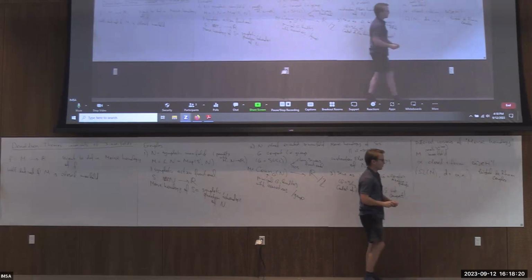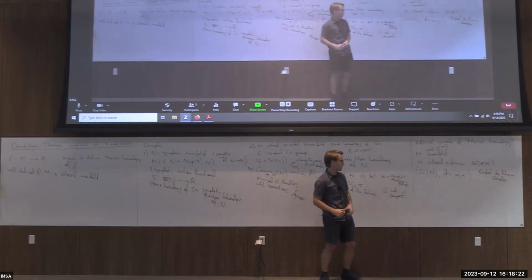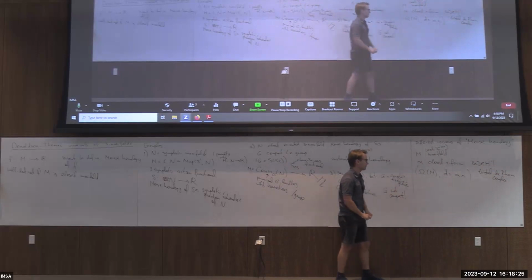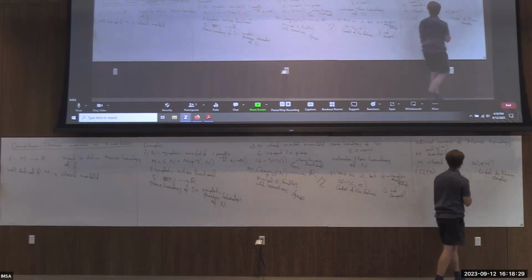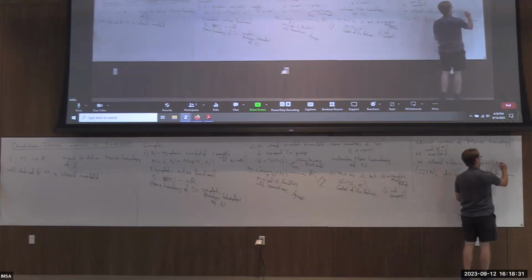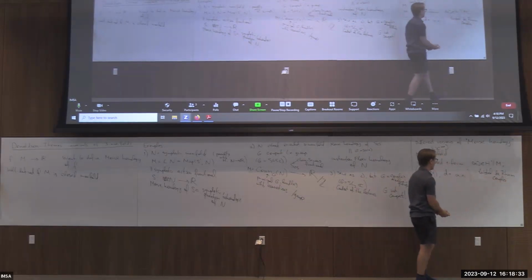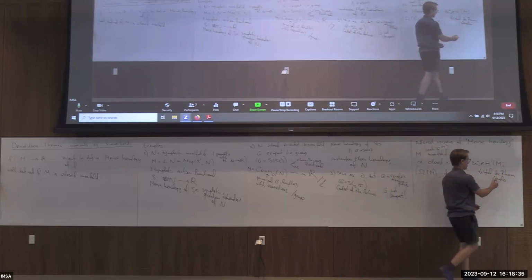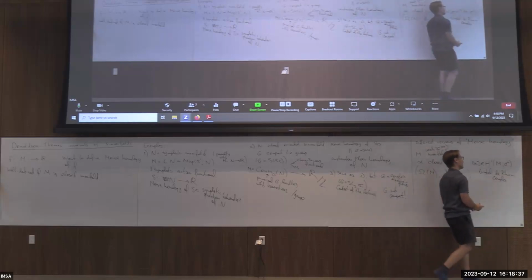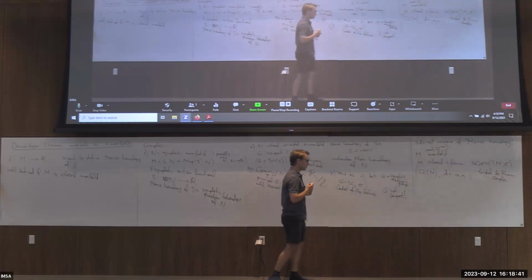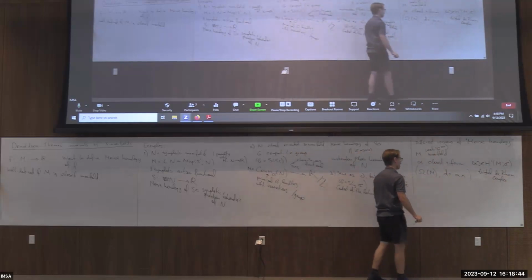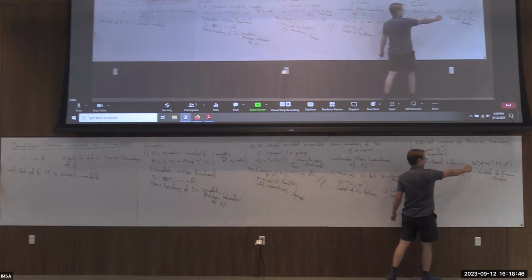let me give a slightly more topological flavor, which doesn't rely on the fact that M is a smooth manifold. Okay, so I can think about this one form as defining a class in the first cohomology.